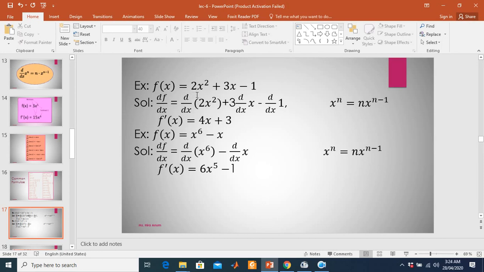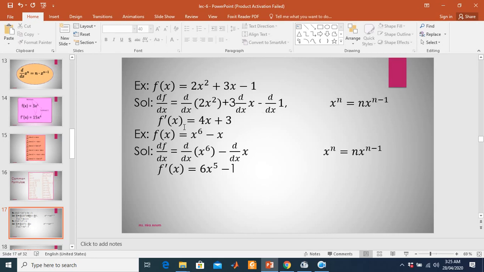We take the derivative of this function: df over dx equals d over dx of 2x square plus 3 d over dx of x minus d over dx of 1. 2 multiplied with 2 equals 4, x to the power 2 minus 1 equals 1. For 3x, the power is 1, so multiplied with 3 equals 3, and x to the power 0 equals 1. The derivative of any constant is 0.